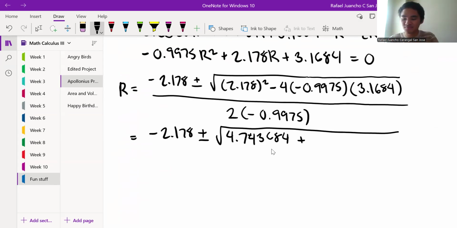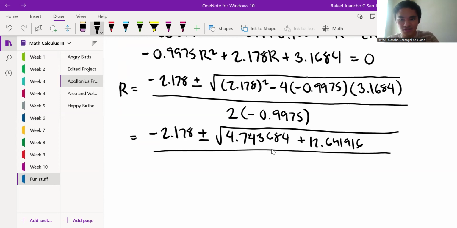This is plus. Let me just double check. Yeah, this is 4 times 0.9975 times 1684, 12.64. 1916. This is over negative 1.995.